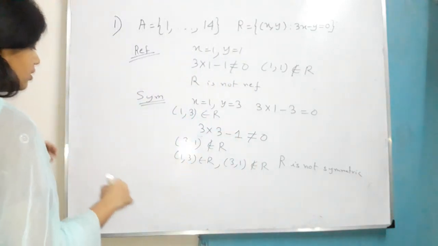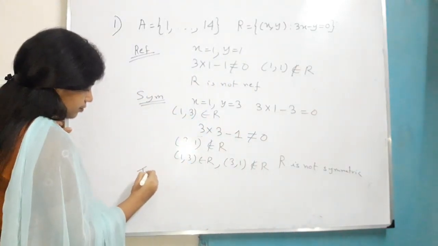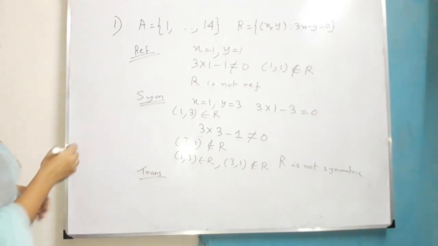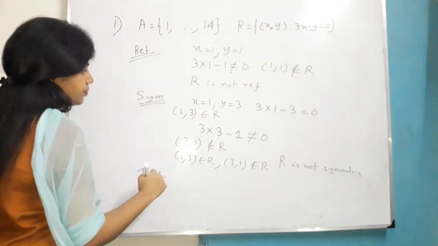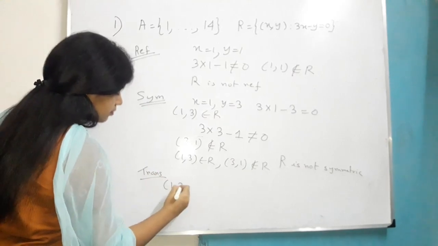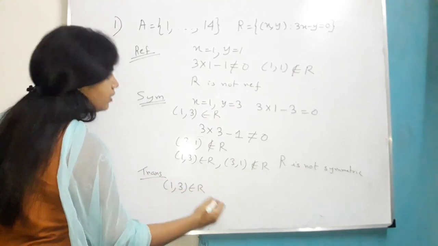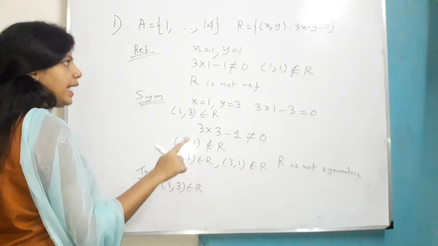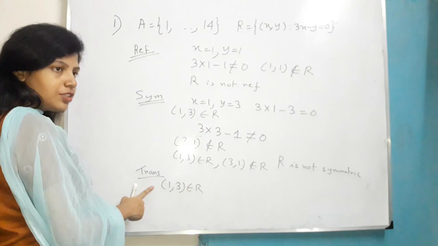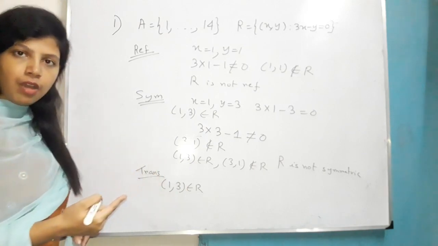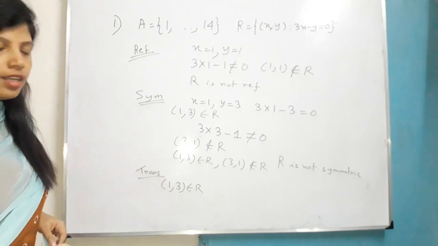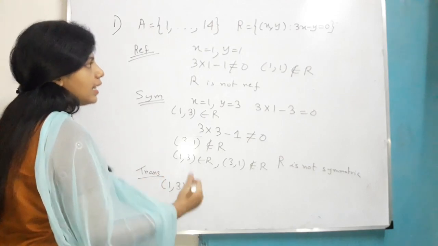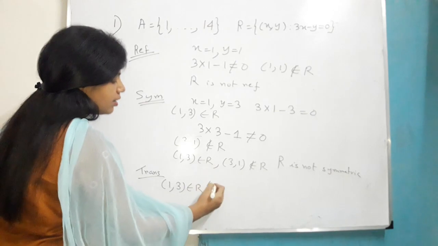Now next one, transitive. So in case of transitive, if I take (1, 3) belonging to R, that means in the next case I have to take x as 3, because what was transitive? (a, b) belongs to R, (b, c) belongs to R. So if I have taken (1, 3) belongs to R, that means in the next case I have to take 3.